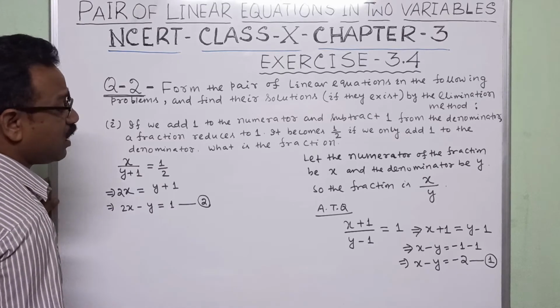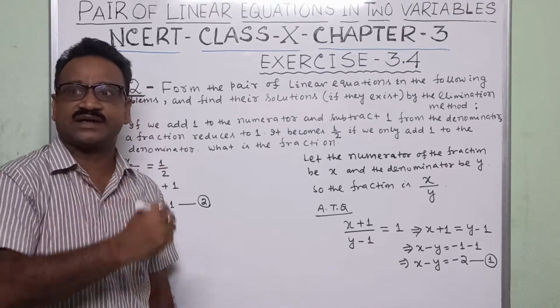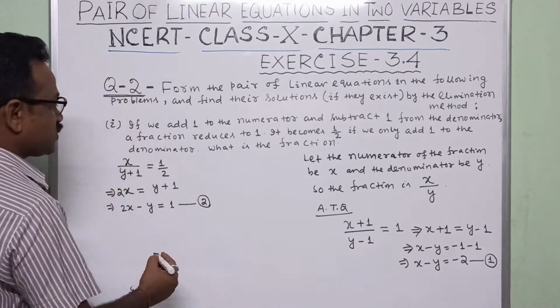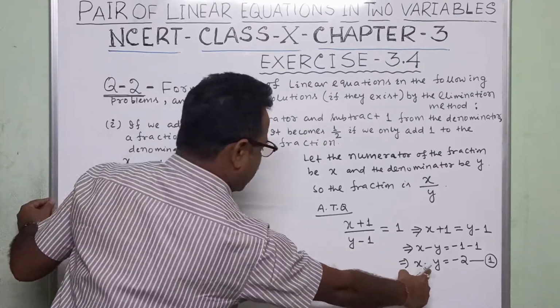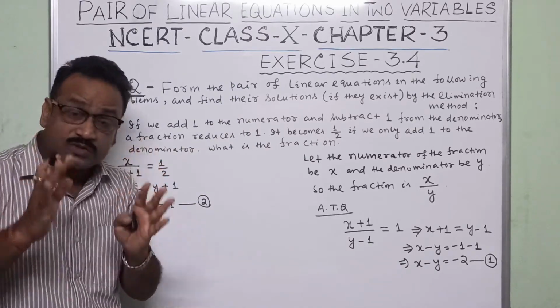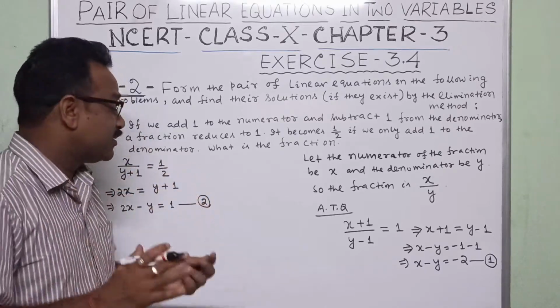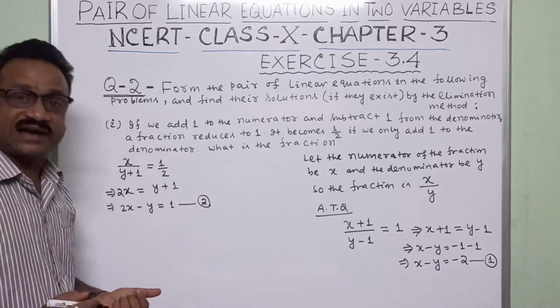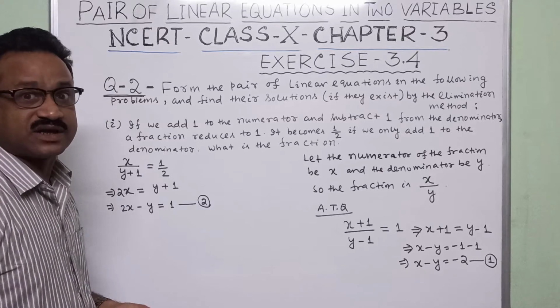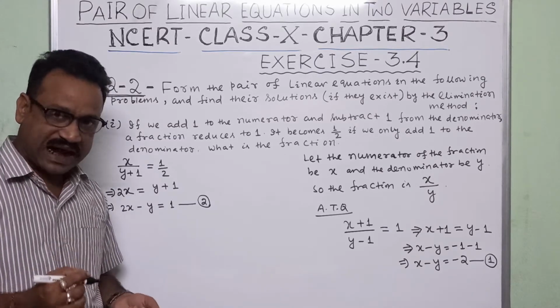So now we will solve this by the method of elimination. Here minus y, here minus y, so y will be cancelled. Without multiplying any non-zero constant factor, we can cancel by addition or subtraction. Same sign, subtraction.